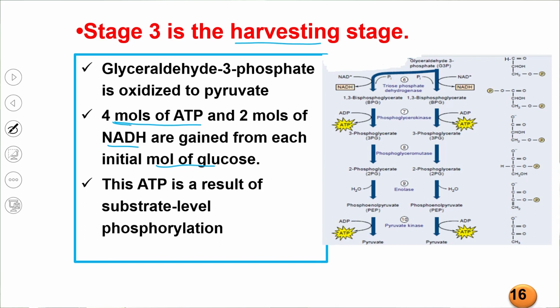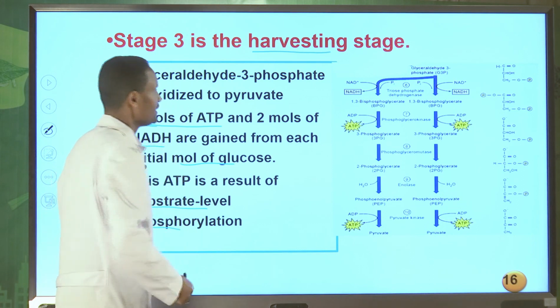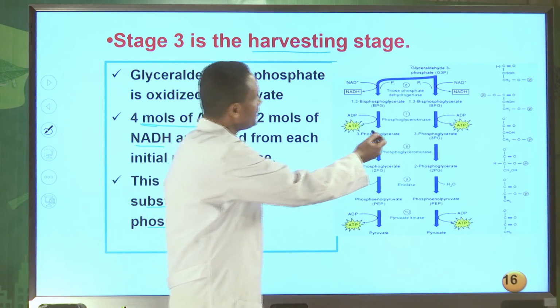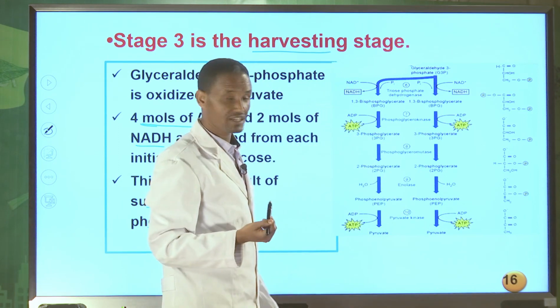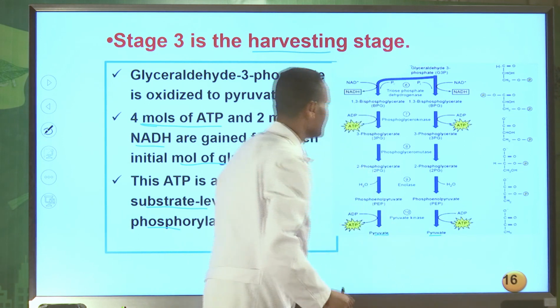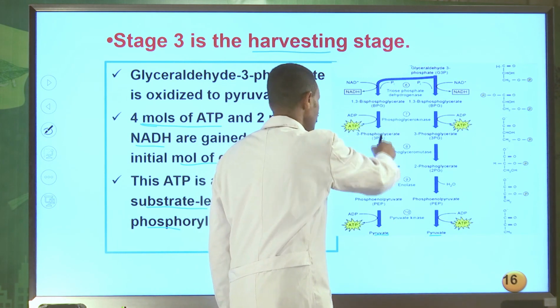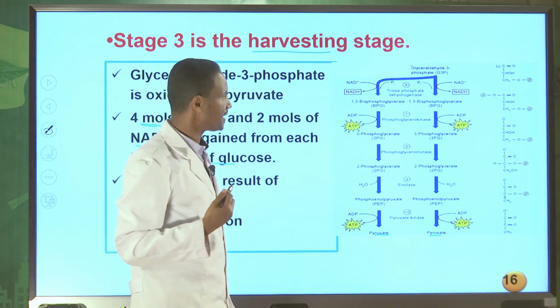Here, ATP is a result of substrate-level phosphorylation. At the third stage of glycolysis, the ATP produced is by substrate-level phosphorylation. Diagrammatically, glyceraldehyde 3-phosphate finally changes into 2 molecules of pyruvate by passing through a series of chemical reactions.